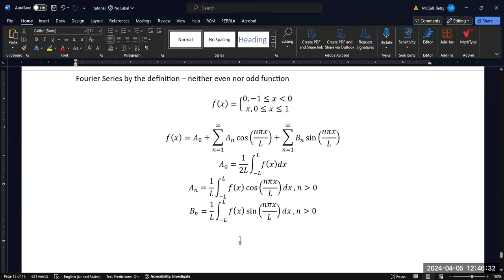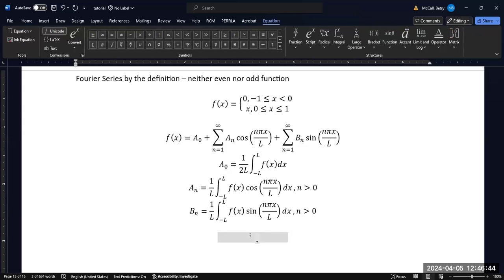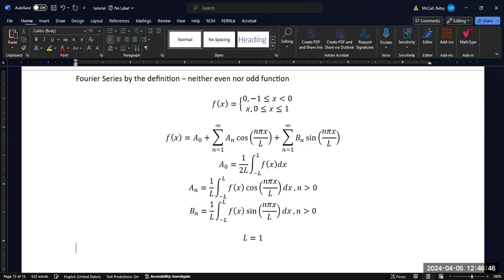So we're not going to get some of the things that we've seen with even and odd functions where one of the coefficients cancels out. Here we're going to end up getting all of them. Now in this example, L is 1, since our interval is going from negative 1 to 1. So let's start with our A sub 0.